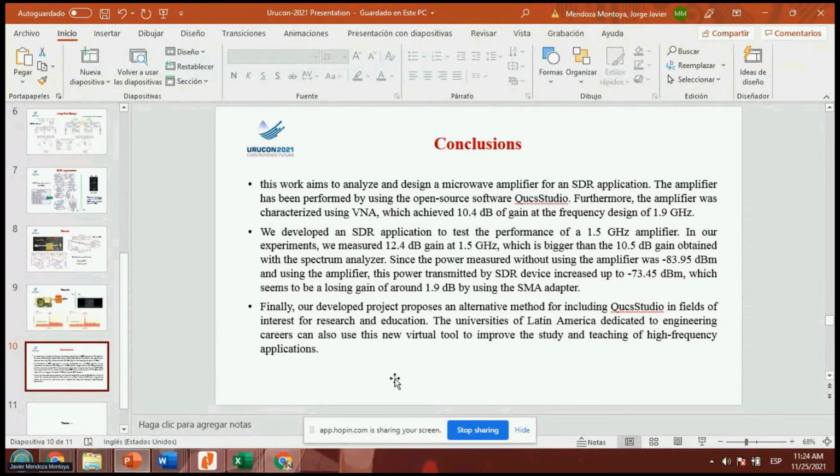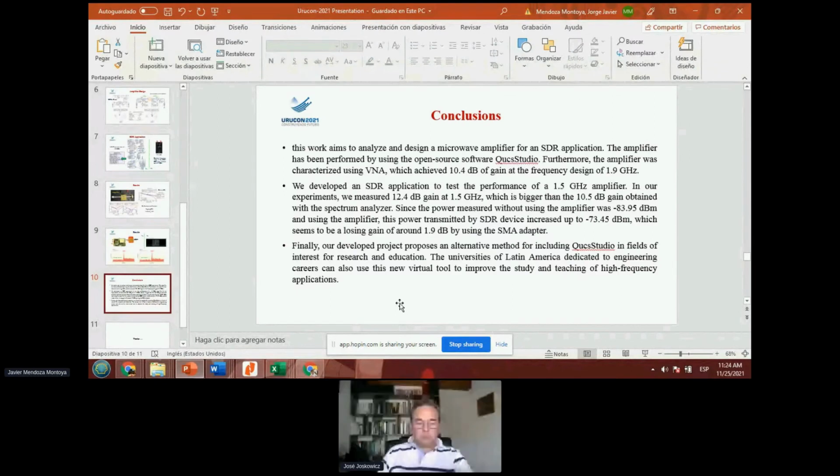This project was a proof, an alternative method that universities, most in Latin America, can use, because this software is open source and the environment it presents is almost similar to maybe ADS.